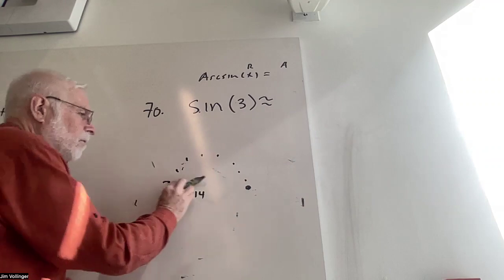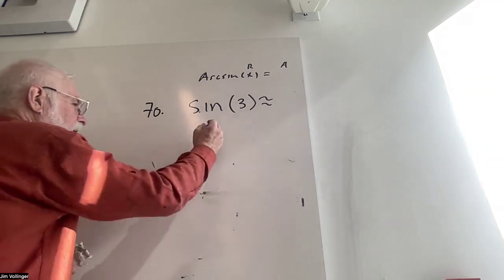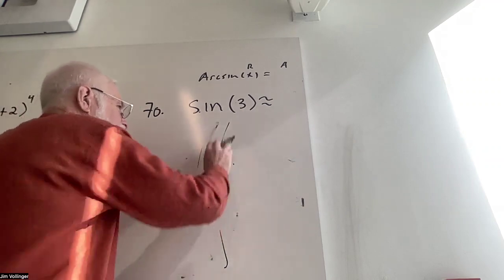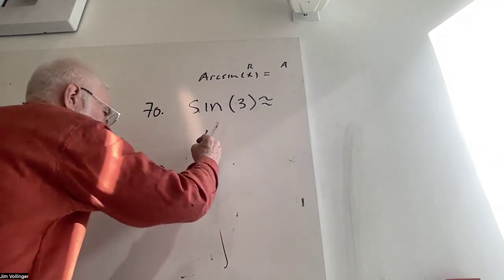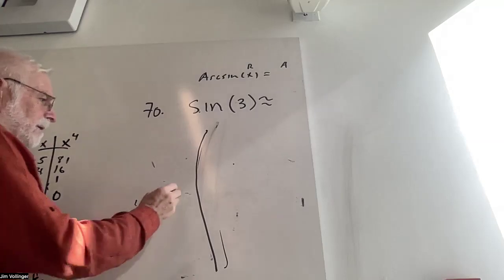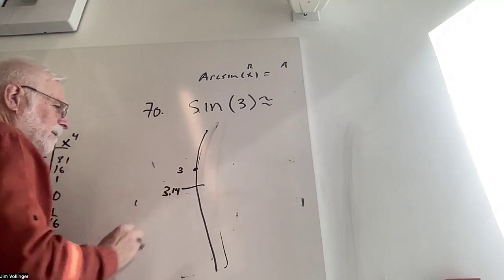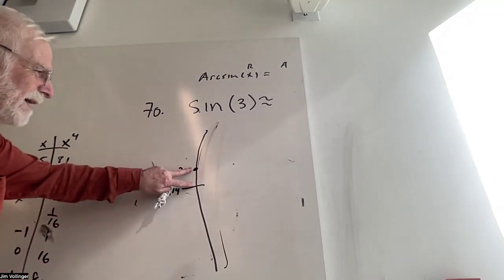So now I have to blow this up. There we are. There's the arc. Let's zoom in a little bit more. There's the curvature. There's 3.14. Here's 3. That's almost straight up and down.